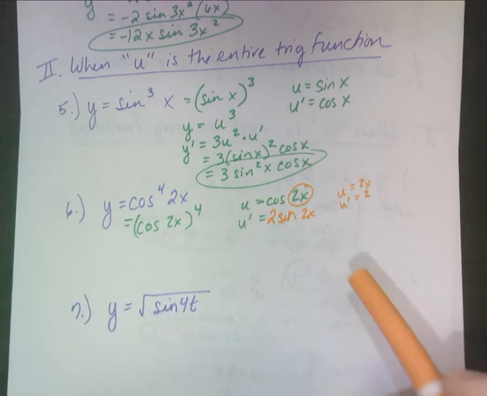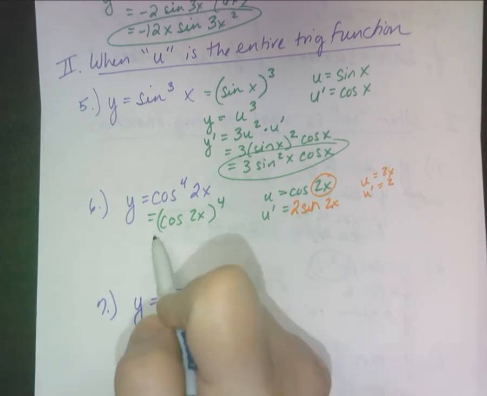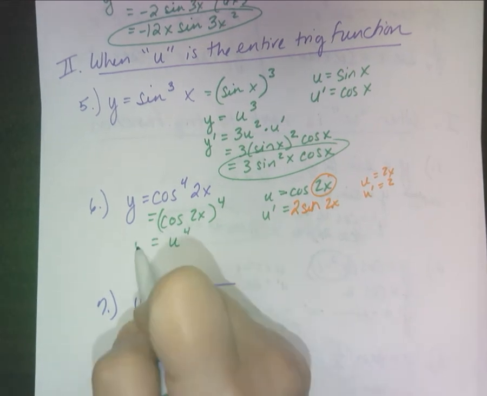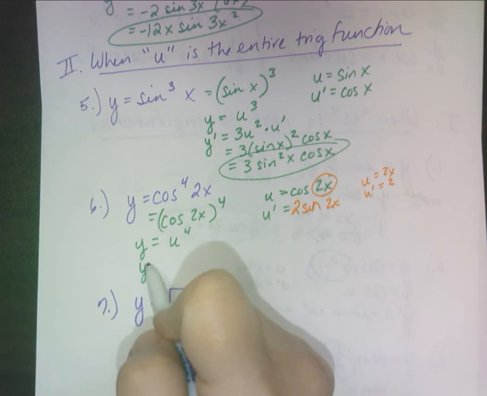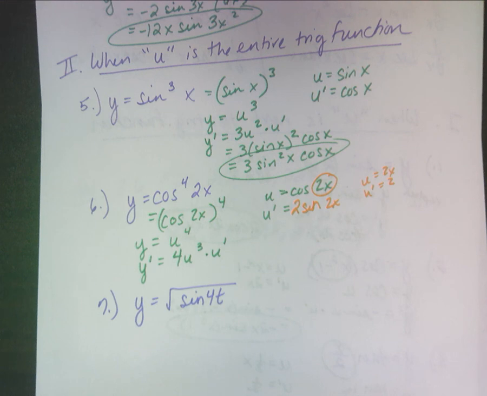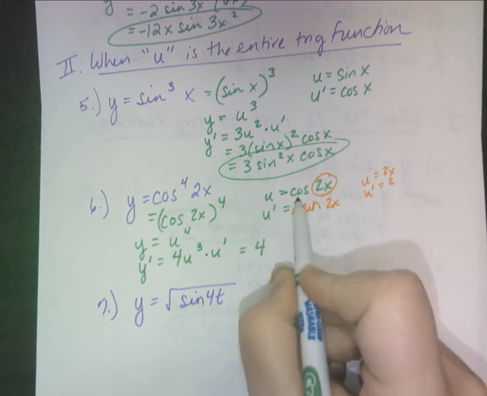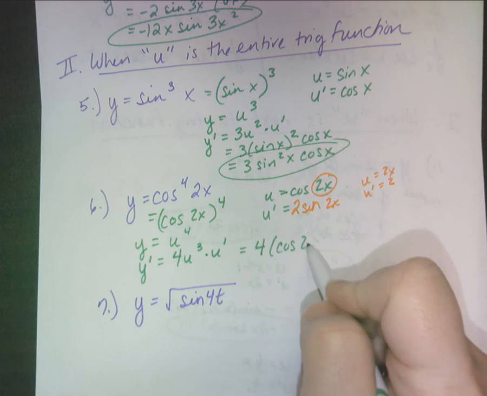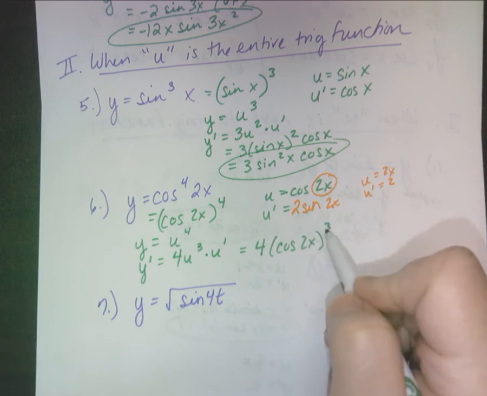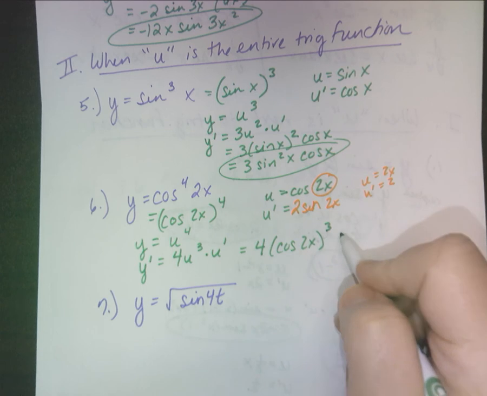Okay, double check. But now that I've gotten my u and my u prime, I would rewrite this as u to the fourth. And when I take a derivative, I would get 4u cubed times the chain, which would be 4, my u is cosine 2x to the third power, times the chain, which was 2 sine 2x.